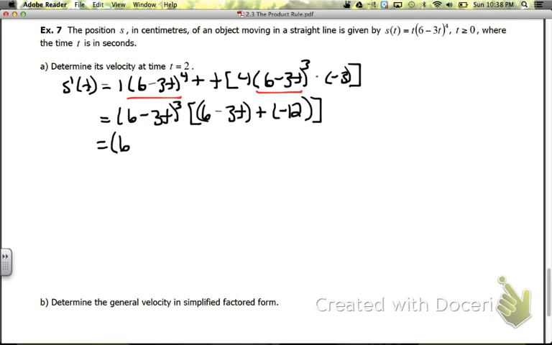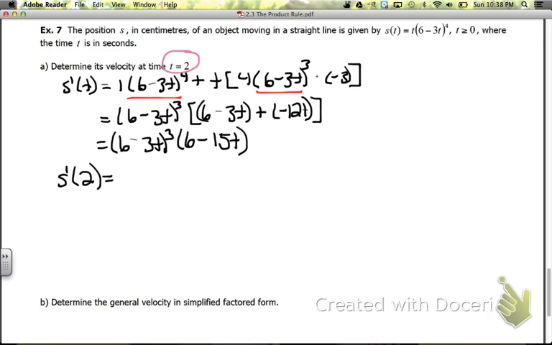Oh sorry, that should be a negative 12t, times (6 minus 3t) cubed. And we can collect our like terms, so we have 6 minus 15t. Now we want to find it when t equals 2. Since we know our value for t, we can sub that value in.